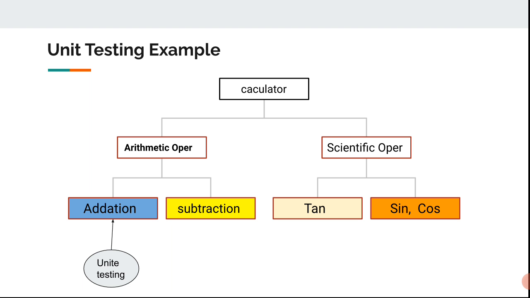When the single component, addition, is checked, then we call it unit testing. So unit testing checks a single component of the software. In this example we check the addition, and we can also check the subtraction, which is an arithmetic operation. So when a single component of software is checked, we say unit testing is performed. In this example we can perform unit testing on addition of a calculator.